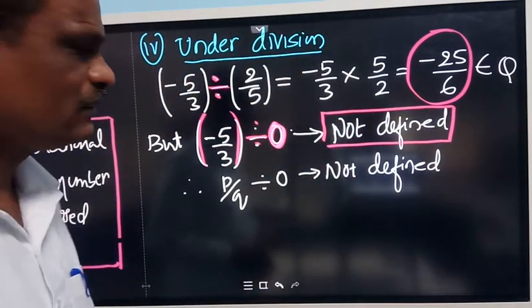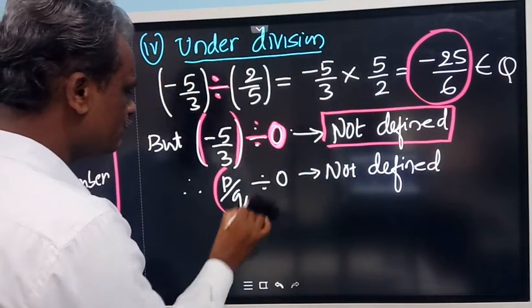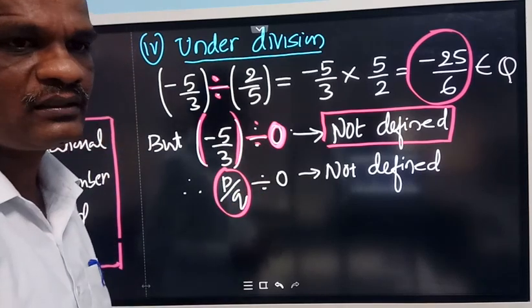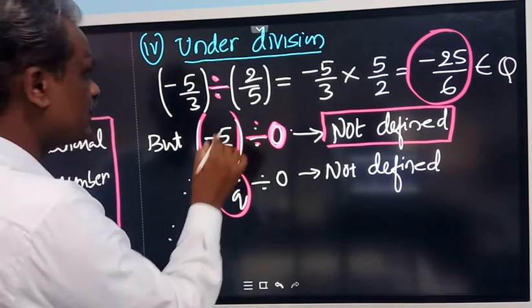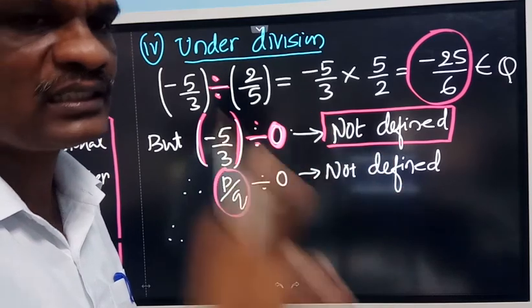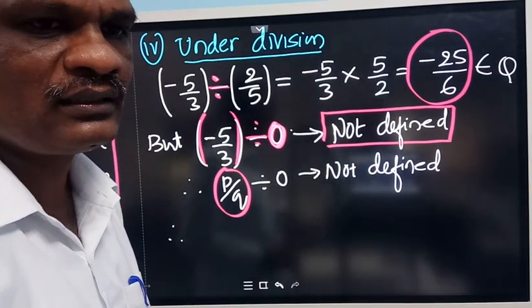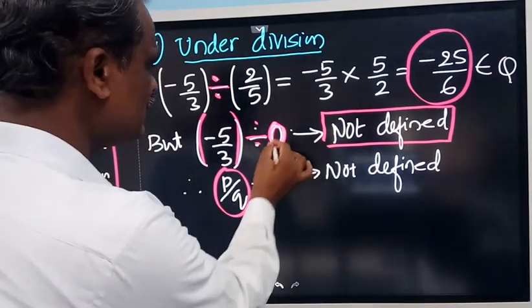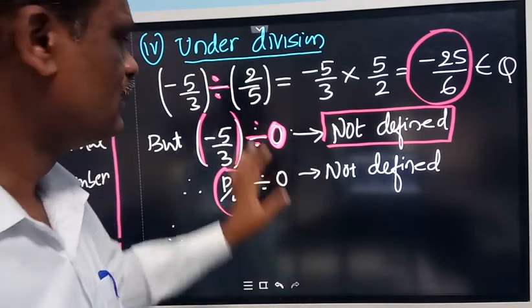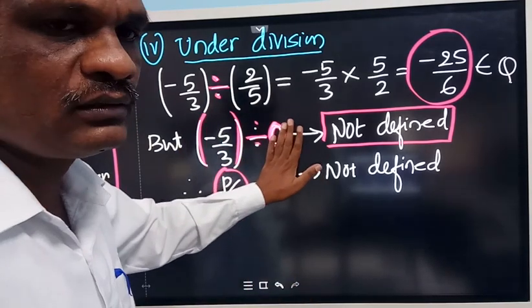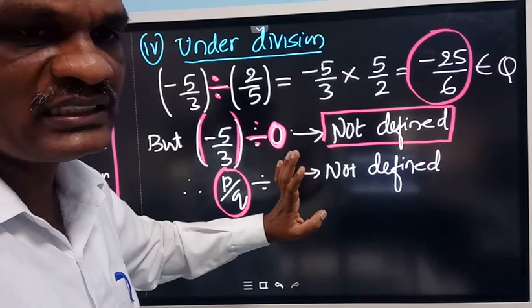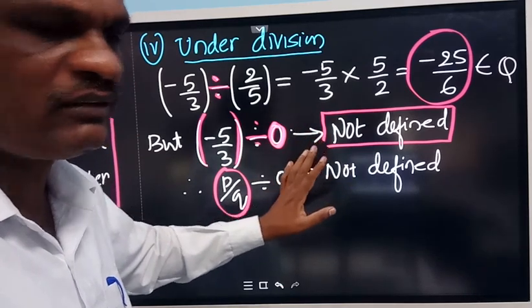A rational number divided by 0 is not defined. So therefore, even one example is enough to show that it is not closed. So here 0, if I take, 0 is also a rational number. When you divide a rational number by 0, then you are not getting an answer. That means it is not possible to divide.